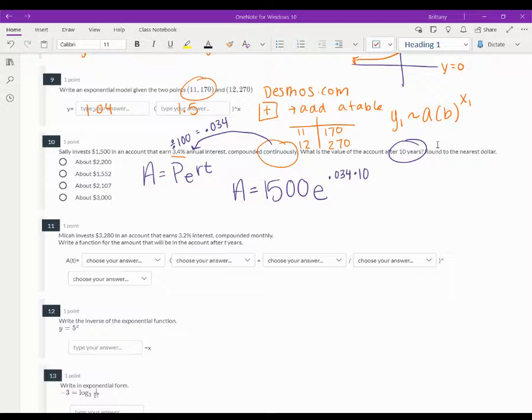Second divide, and the exponent, 0.034 times 10. And that leaves us with $2,107.42. So in multiple choice, 2,107 was our answer.